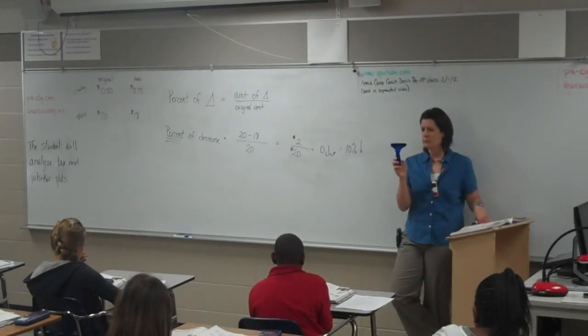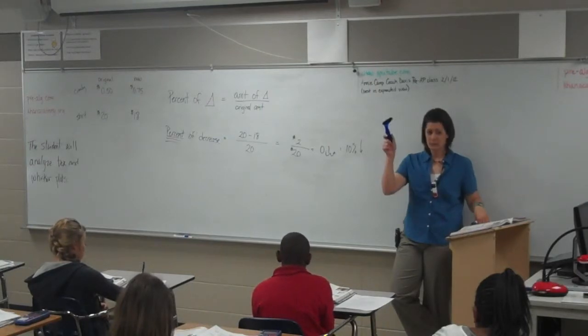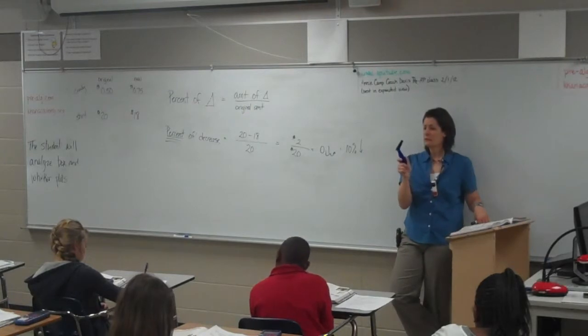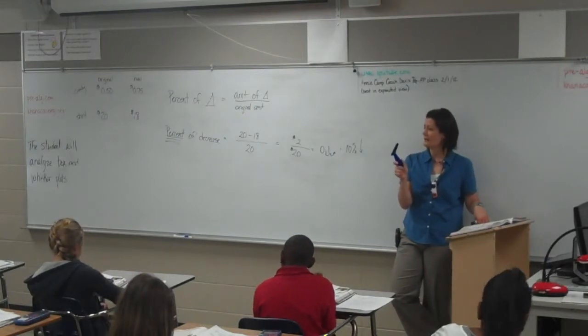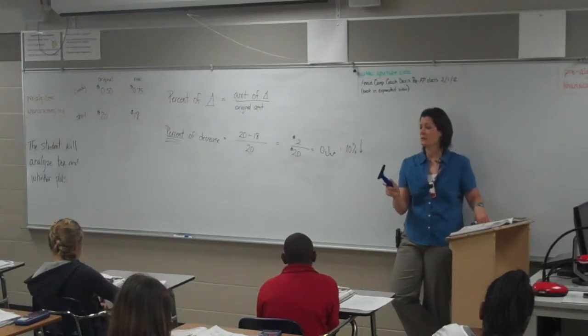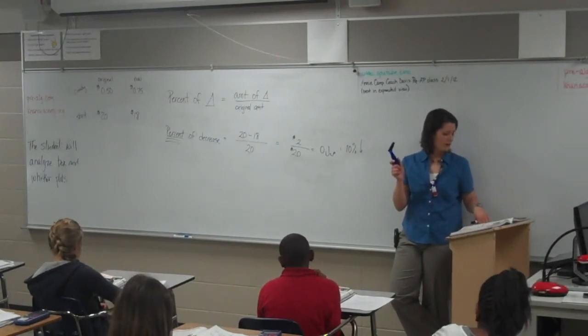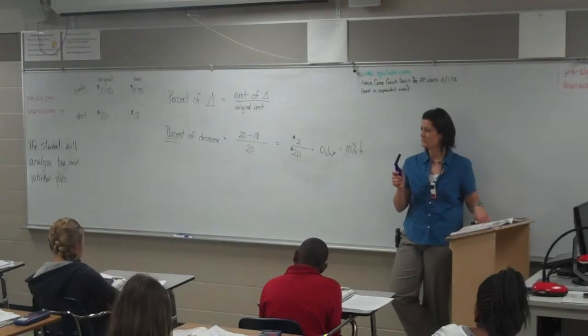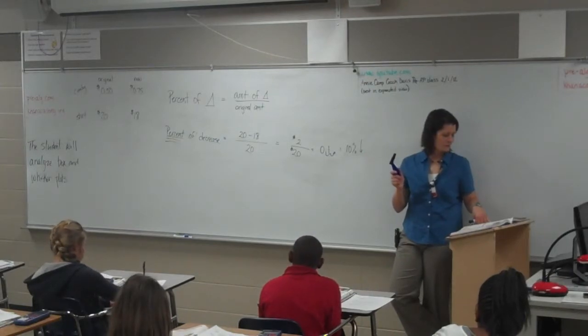If it starts out originally at a certain amount and it goes up, you have an increase. That is a percent of increase. If you start out at a certain amount and the new price goes down, you have a decrease. Okay, so number 11, is that an increase or decrease? Increase. 12.